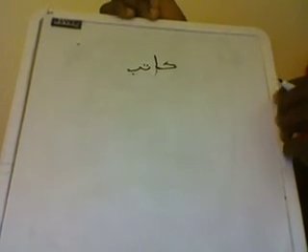Now that we know this table, we've memorized it hopefully. Let's use some words. Let's have some examples. Let's use the word katib, for example. Katib means author.